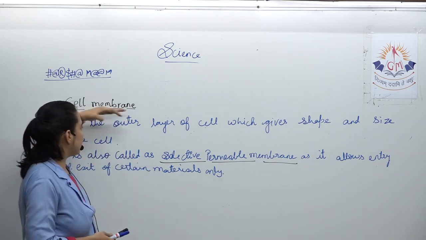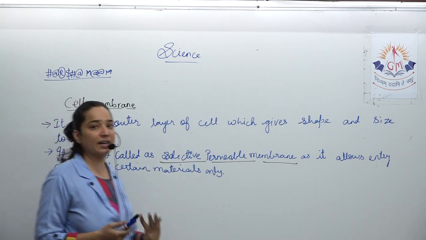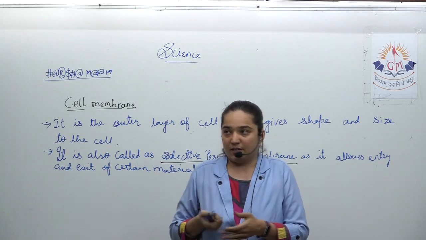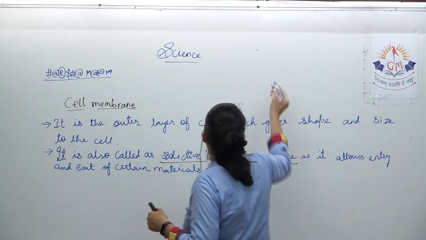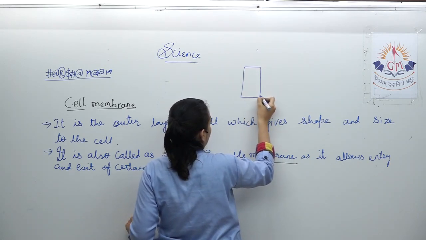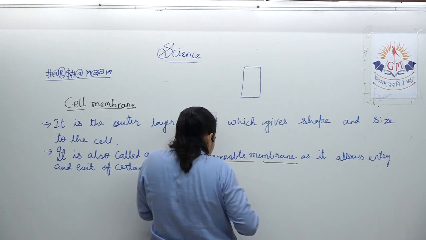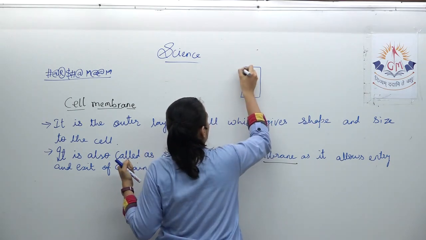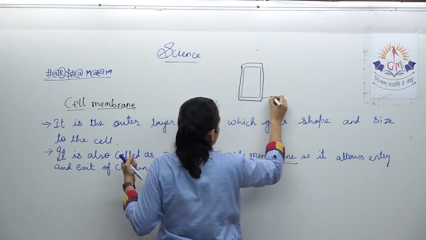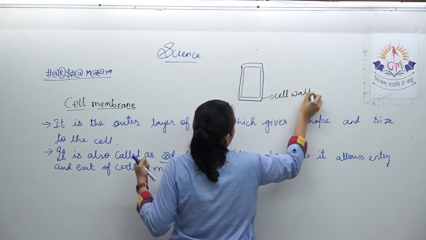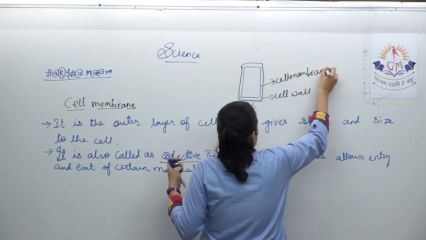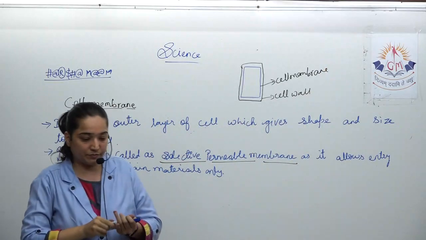Now coming to this, cell membrane is present in both plant cell and animal cell. But plant cell has one extra layer. This is cell membrane in a plant cell. Outside the cell membrane there is one more extra layer present in plant cells, and that is the cell wall. Just now also I showed you, and it is present only in plant cells.